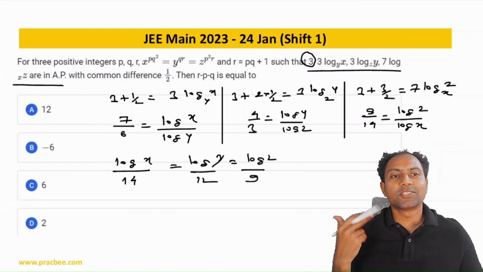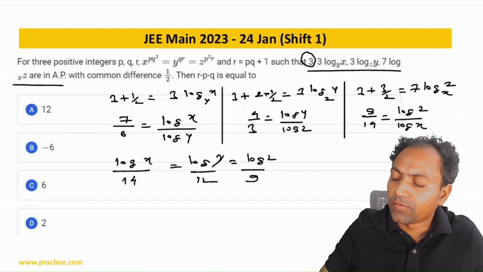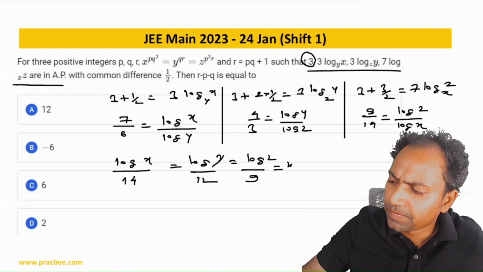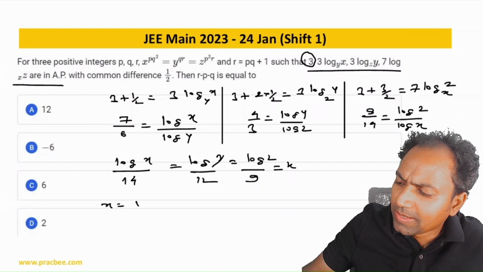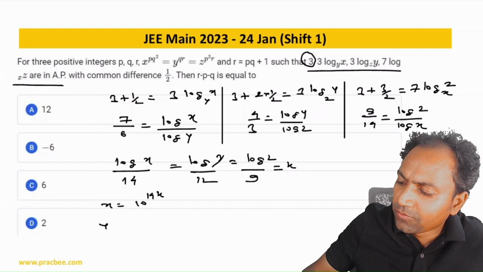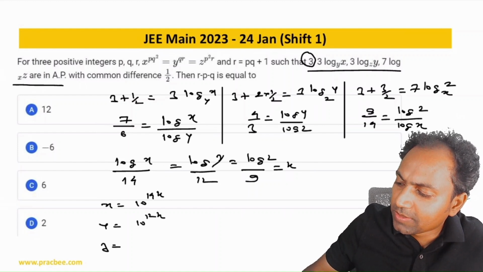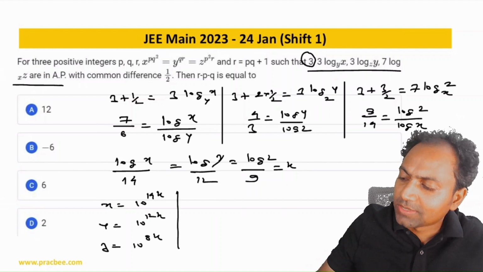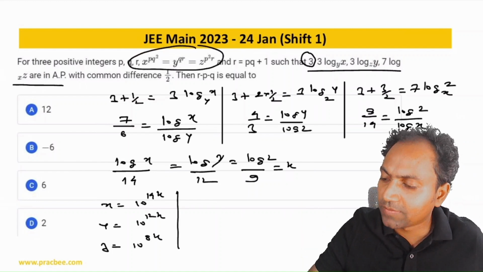Now, once I get these ratios, it is very simple that if I want to assume, I can assume this equal to, let us say, nothing but k. So x would be nothing but 10 raised to the power 14k. y would be nothing but 10 raised to the power 12k, and z would be nothing but 10 raised to the power 9k. Once I've got these results, I can substitute this in the first part of results that were given to me.